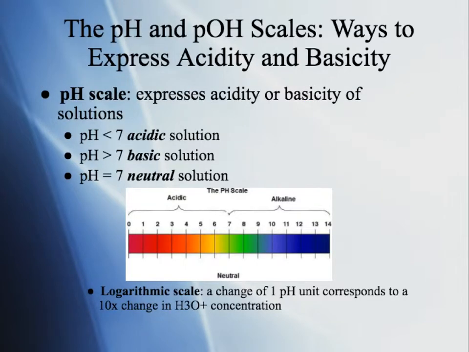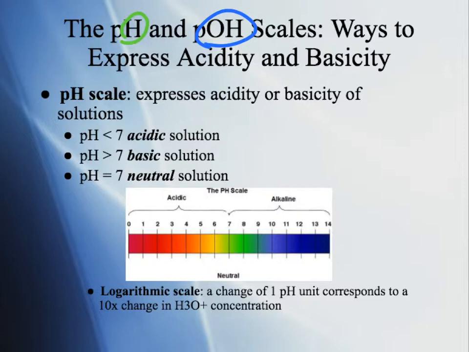All right, so working with numbers that are like times 10 to the negative whatever concentrations is a little weird and not very handy. So what scientists have done over the years is basically developed what's called a pH scale, or a pOH scale. It's basically a way to express the acidity or basicity of solutions by concentrating on either the hydrogen ion concentration of the solution or the hydroxide ion concentration of the solution.